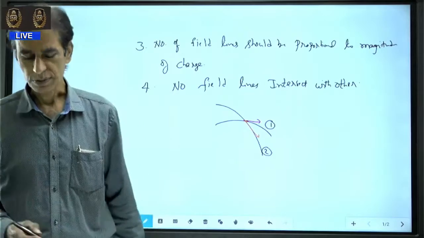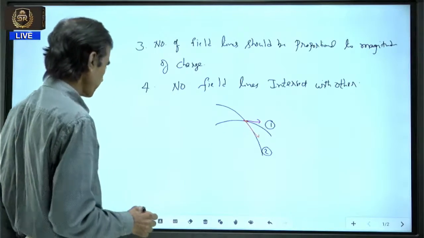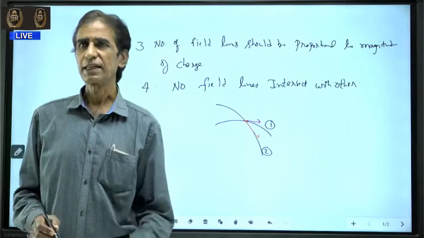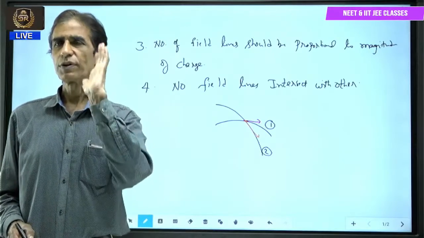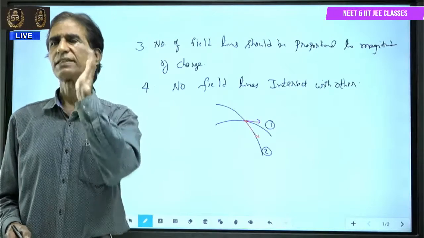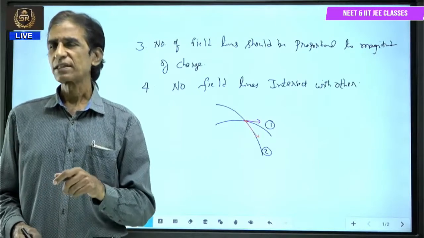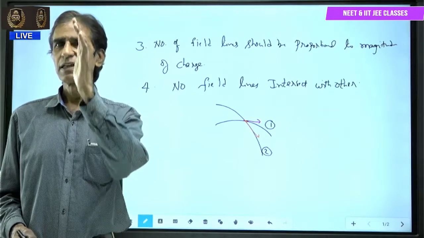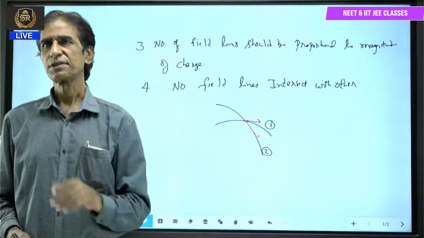Okay, so now we have drawn for an isolated positive charge. Lines are radially outward, that means perpendicular to the surface. For an isolated negative charge, the field lines are radially inwards.